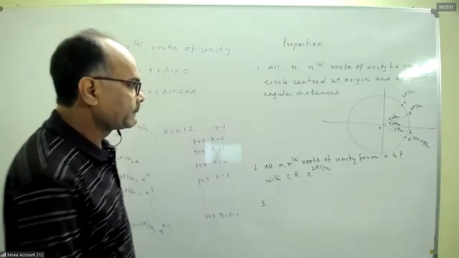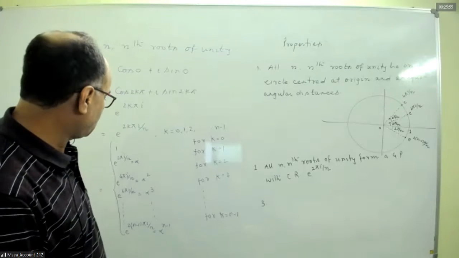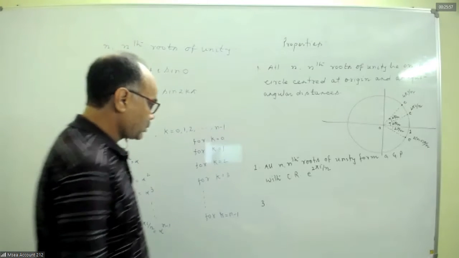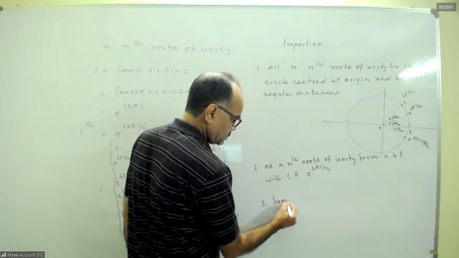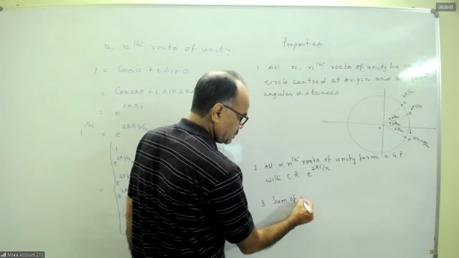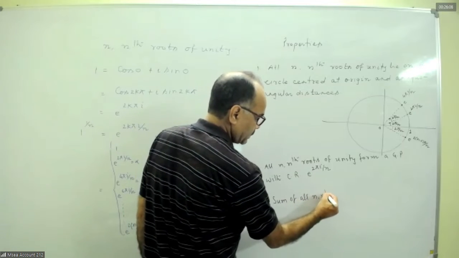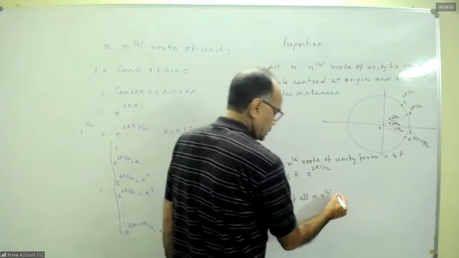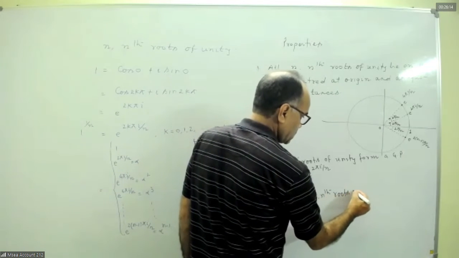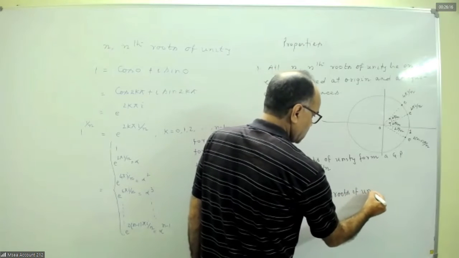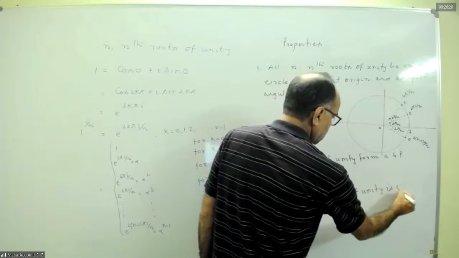Number 3: sum of all n roots of unity is 0.